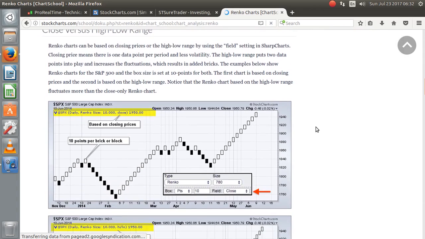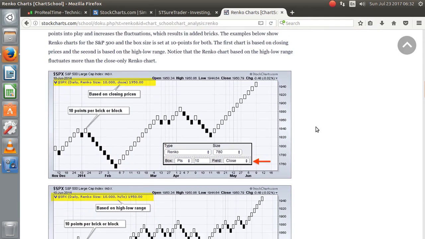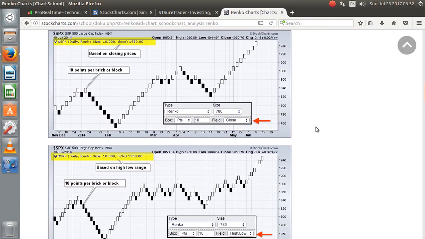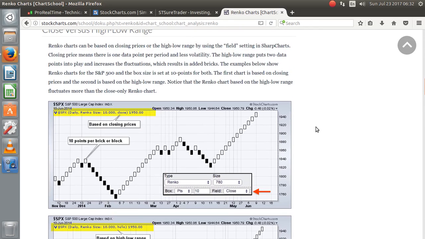The question is, if you're trading two different stocks, for example, and one stock is less than $100 or less than 100 rupees, you might want to use a $1 or a 1 rupee block size.